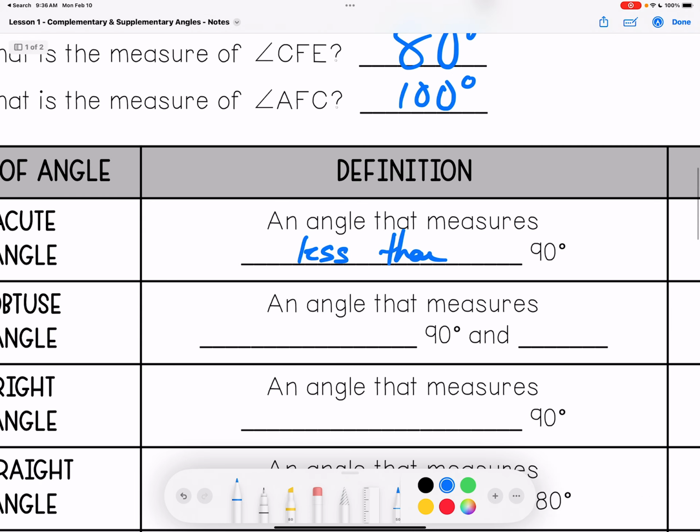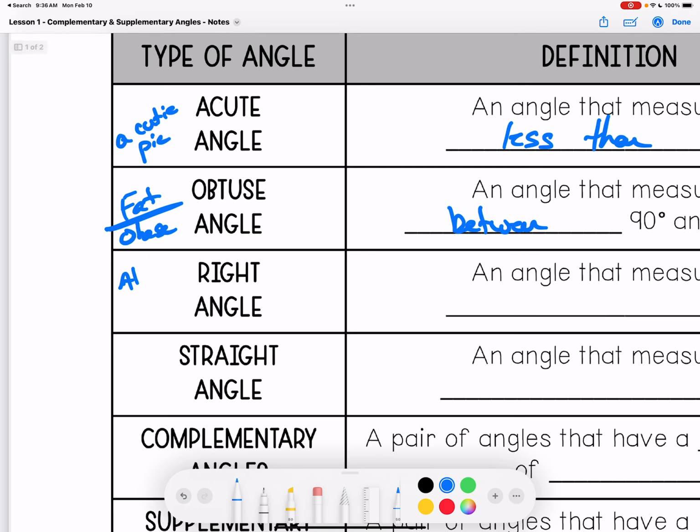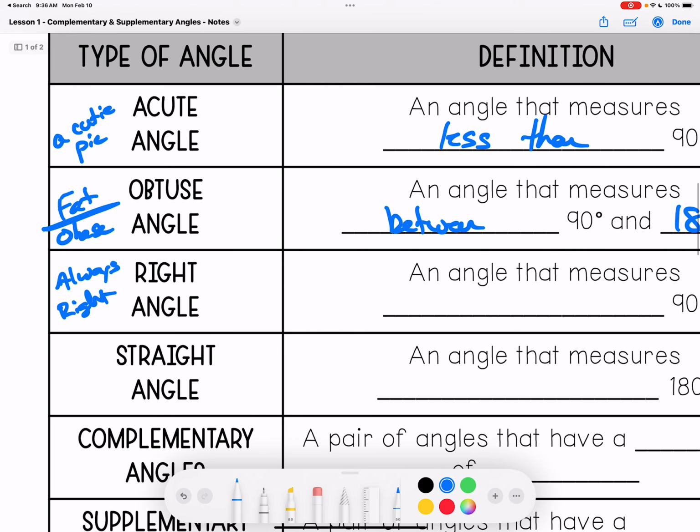An obtuse angle measures between 90 and 180. A right angle is always right, and it's a measure that measures exactly 90. A straight line or a straight angle is a straight line, and it measures exactly 180.